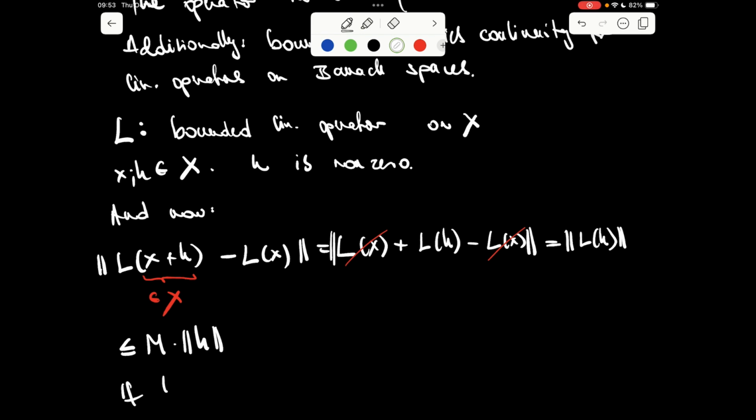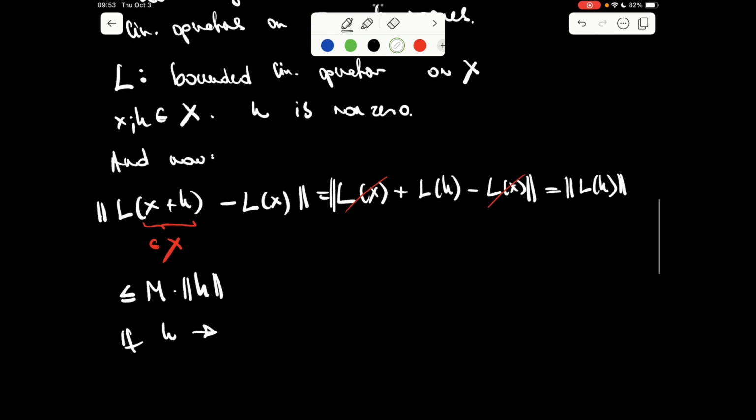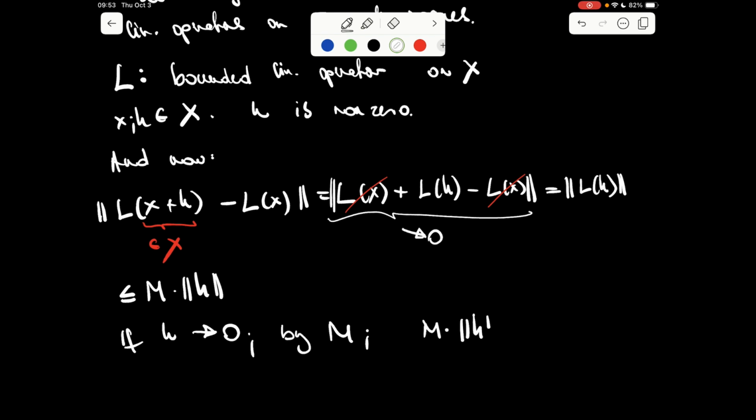So if h tends to 0, then this left-hand side of the inequality tends to 0, and actually by the finite character of M, the right-hand side also tends towards 0.